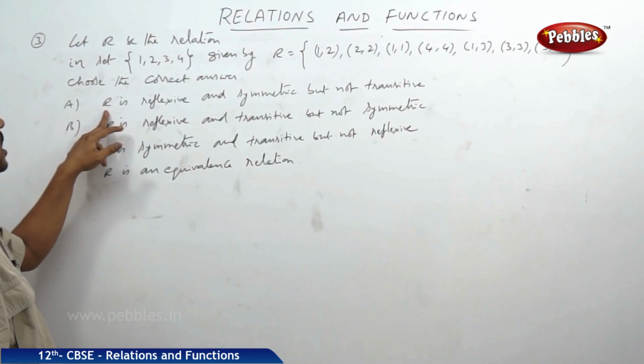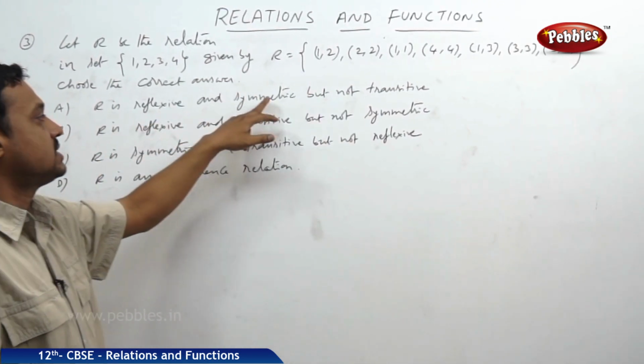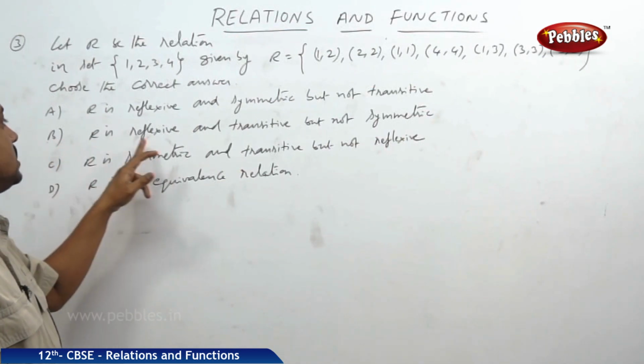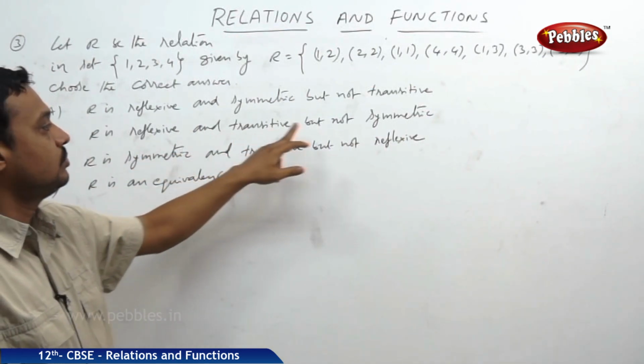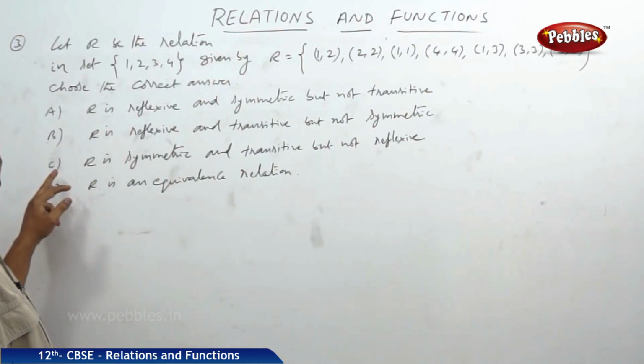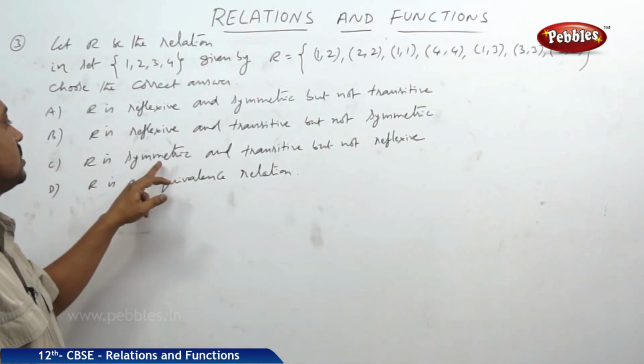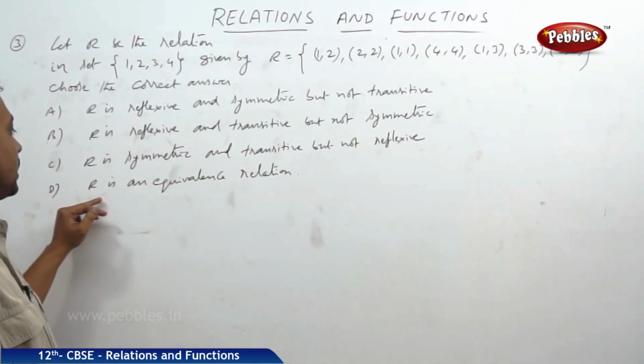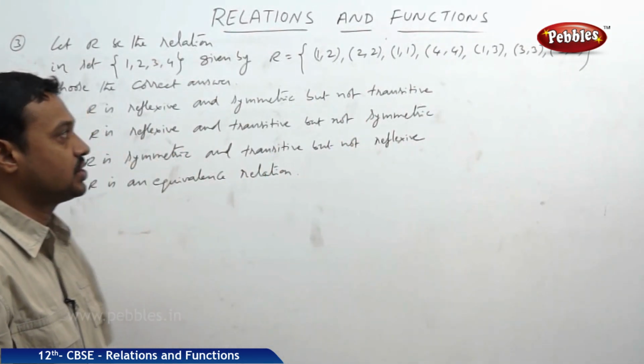One is R is reflexive and symmetric but not transitive. The second one is R is reflexive and transitive but not symmetric. The third option is R is symmetric and transitive but not reflexive. The fourth one is R is an equivalence relation.